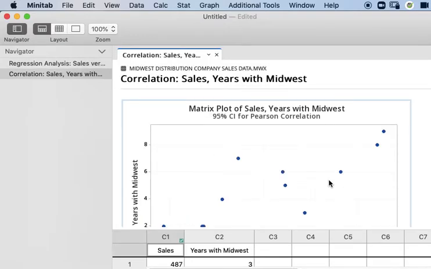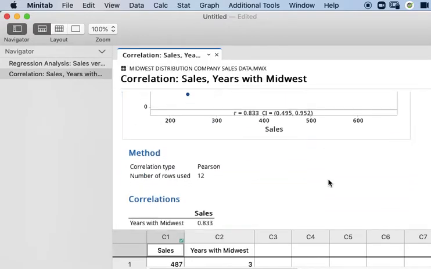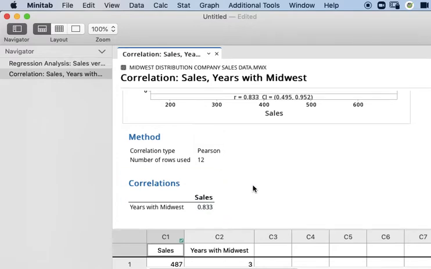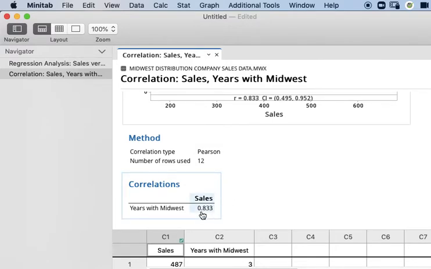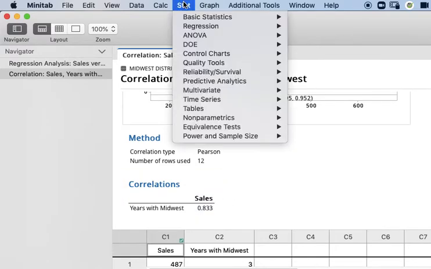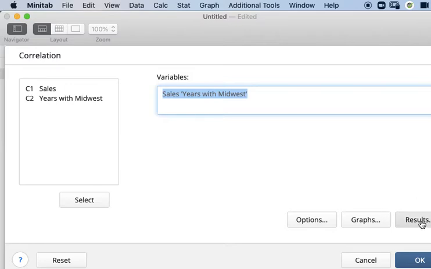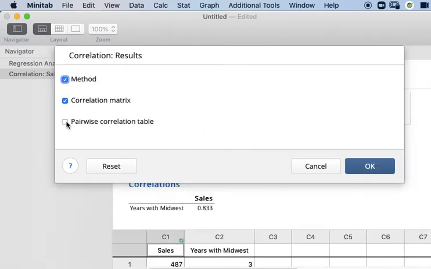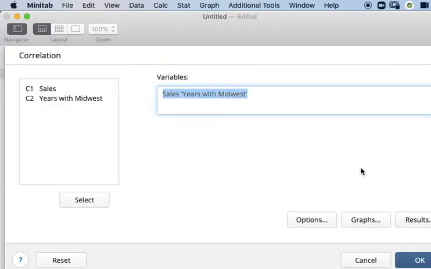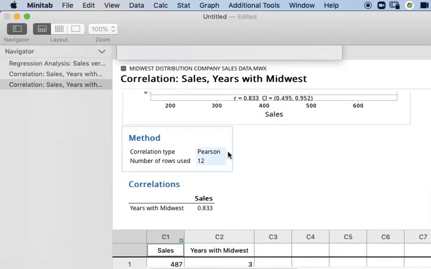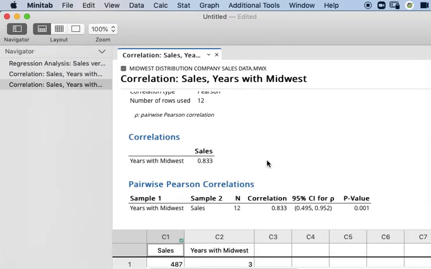Since we did this last time, these values should be pretty familiar. I got my correlation of 0.833. If I want the p-value, I need to go to Results and check the box that says pairwise correlation table. That is going to give me my p-value of 0.001.